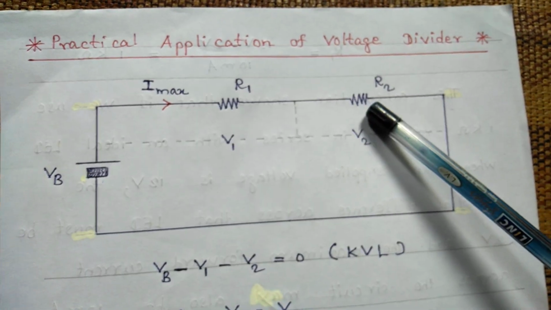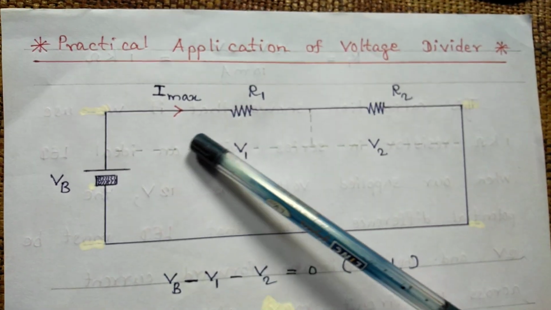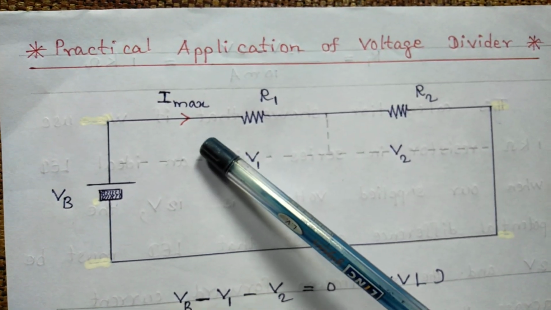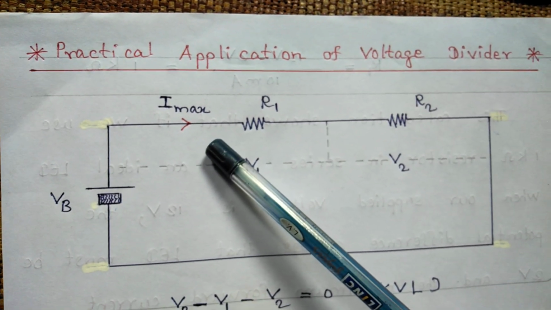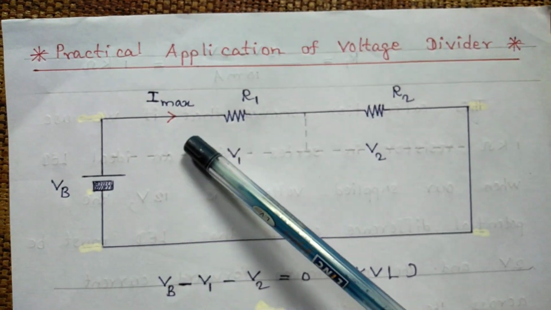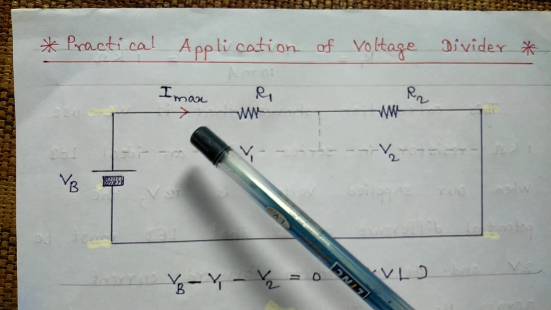As you see, the two resistors are connected in series, so equal amounts of current will pass through this circuit. We call this current the maximum current, or Imax.